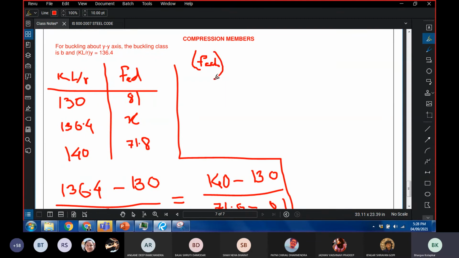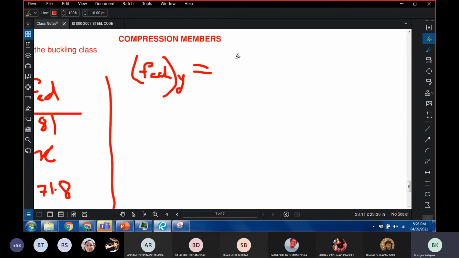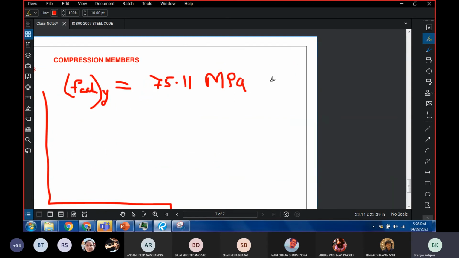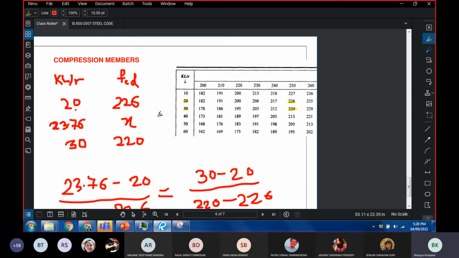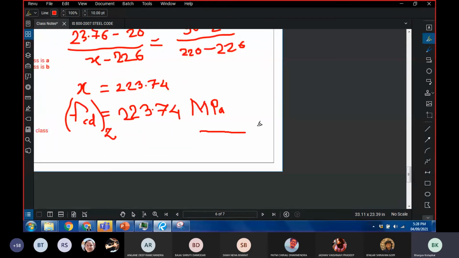Therefore, FCD about the y-axis is equal to 75.11 MPa. So now we have two values. This is our second value, 75.11, and this is our first value, 223.74.